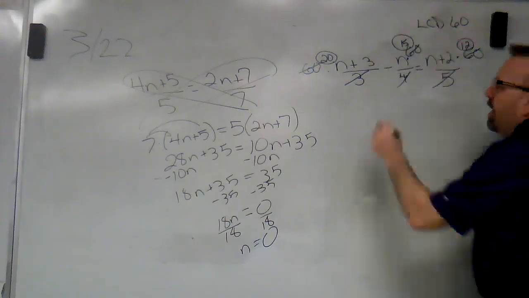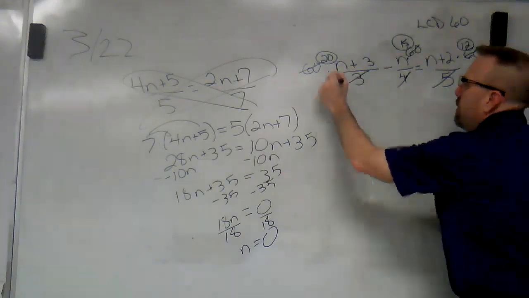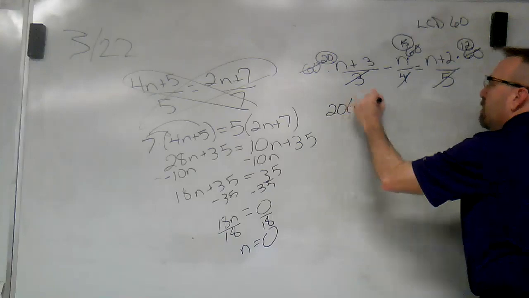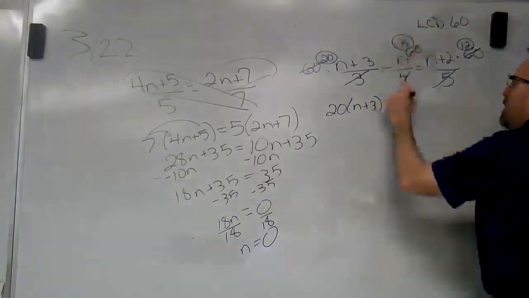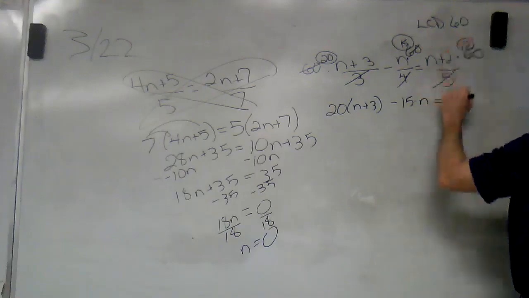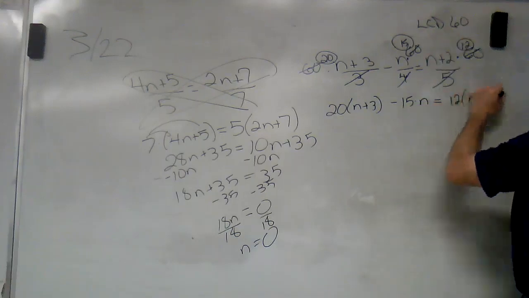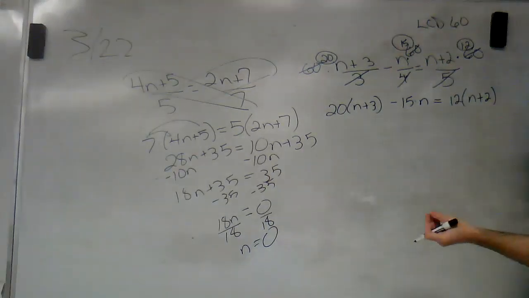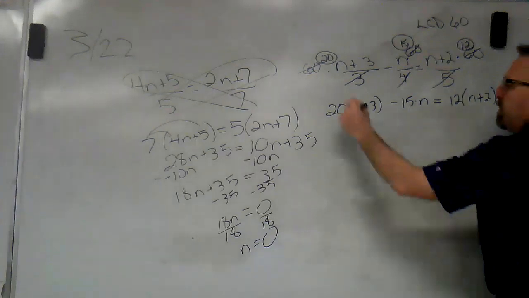So now we're going to have 20 times n plus 3 minus 15 times n, and 12 times n plus 2. Thus we no longer have fractions. That's what we wanted to have happen. So now we do still have work, but we don't have fractions, which makes it a lot easier.